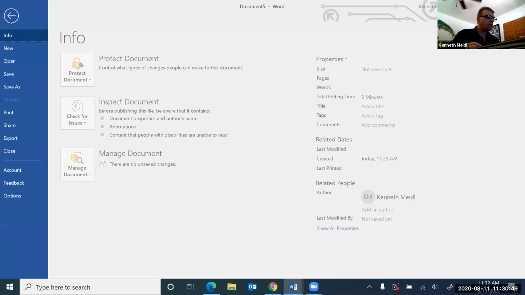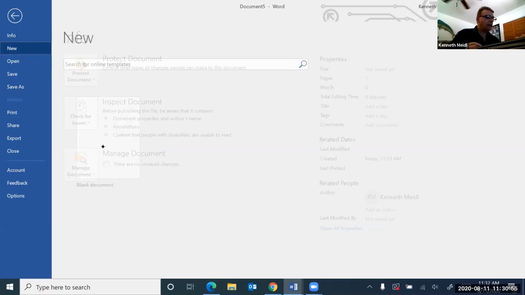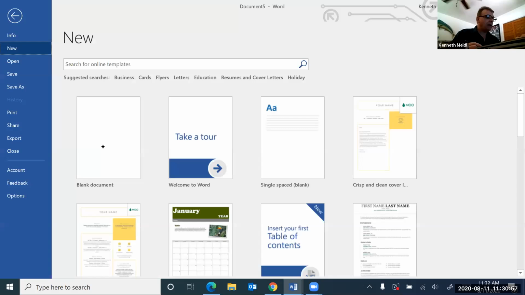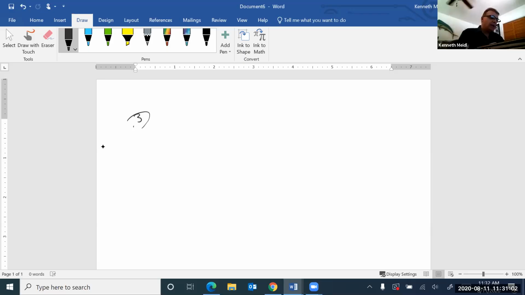So let's take a look at third kinematic. And I'm going to start with, there's many ways of doing this, and your textbook will do this as well. But let's do this. Here's our first kinematic. Final velocity equals initial velocity plus acceleration times time. And I'm going to solve that kind of quickly here for time.